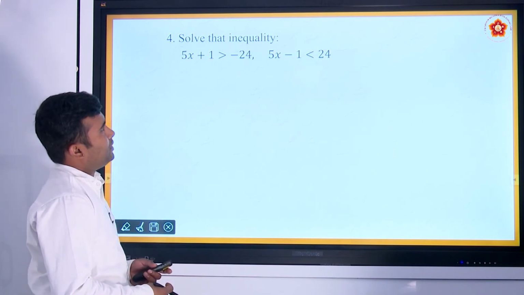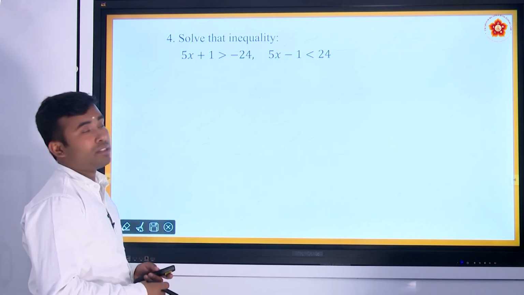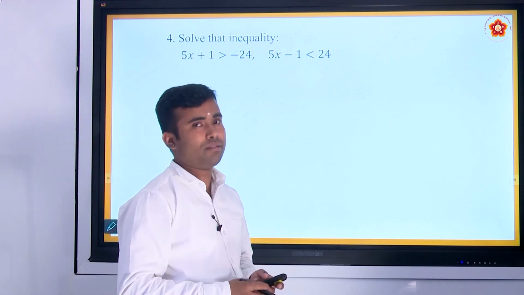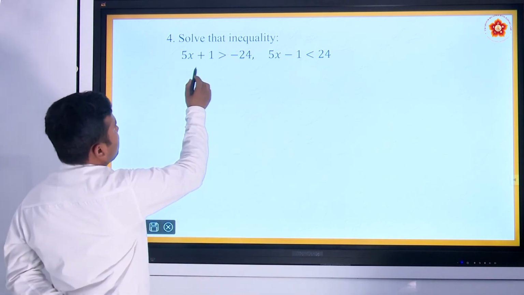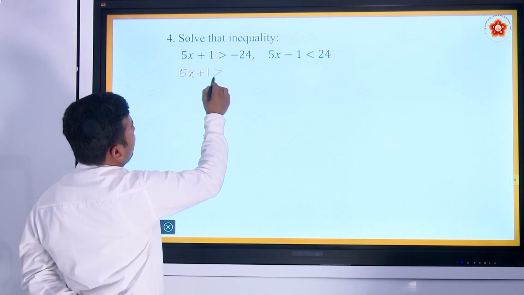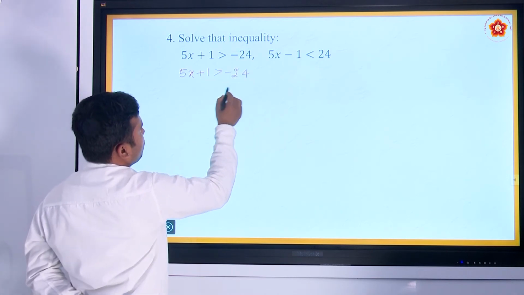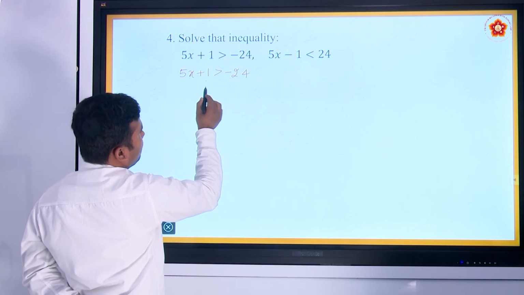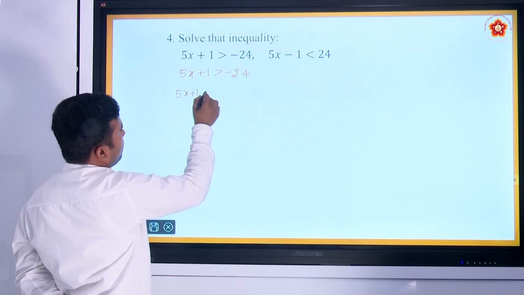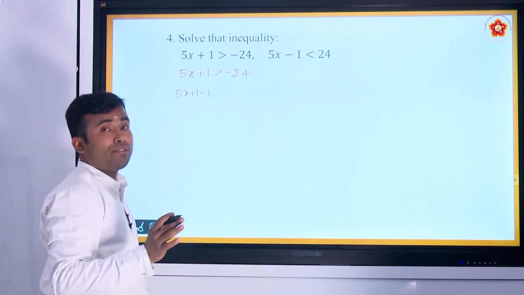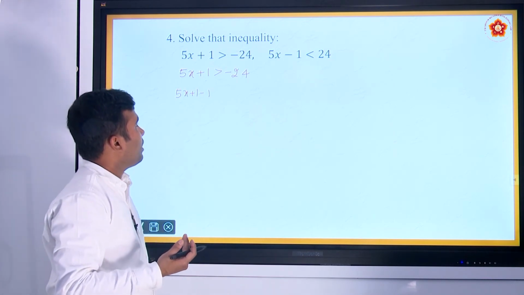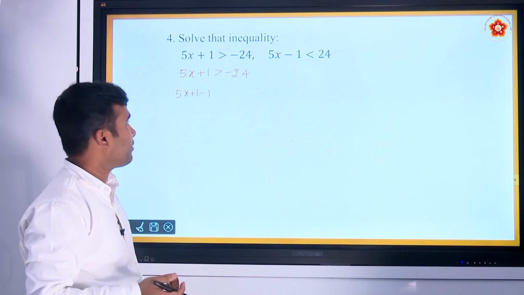Solve the inequalities. Okay, so we have to solve this inequality, and we also put the interval for x. See, 5x plus 1 is greater than or equal to minus 24. If I add minus 1 on either side, I have 5x plus 1 minus 1. The inequality sign does not change when you add something, and when you multiply by a positive number, it does not vary.